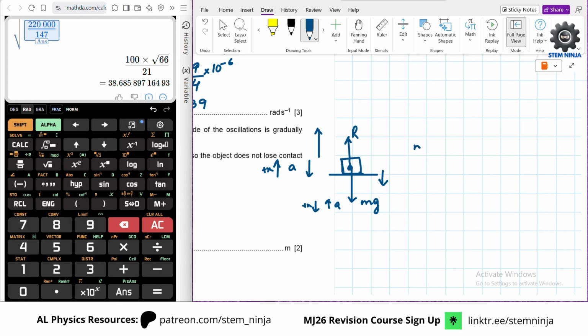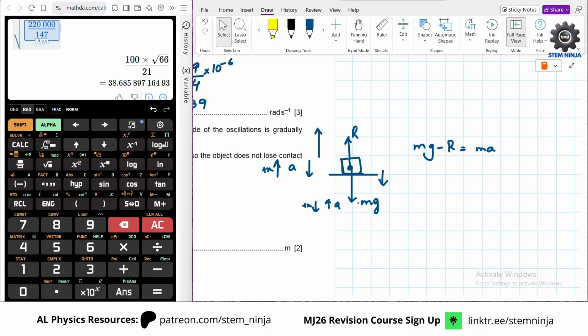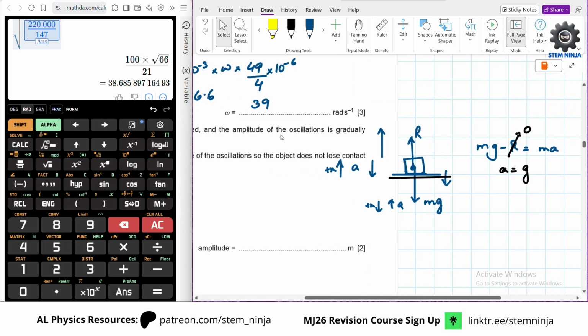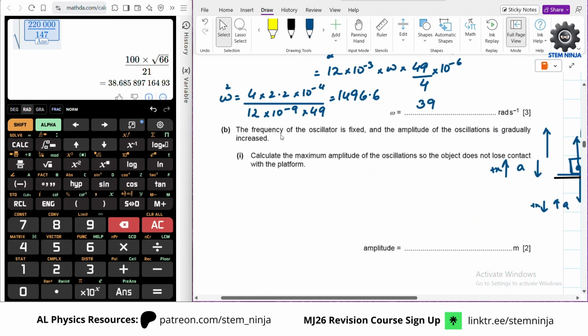So mg minus R equals ma. So the point where it loses contact is when R becomes equal to 0. So that means acceleration is g. Right, so weightlessness basically. So that would be the maximum acceleration that we need.